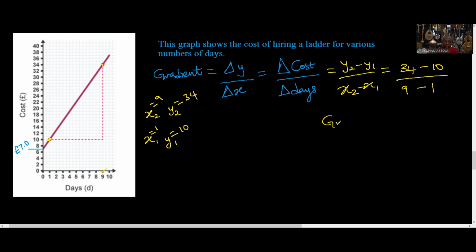So the gradient, and the symbol for gradient is always m, is 34 minus 10, that is 24. Can you hear me?